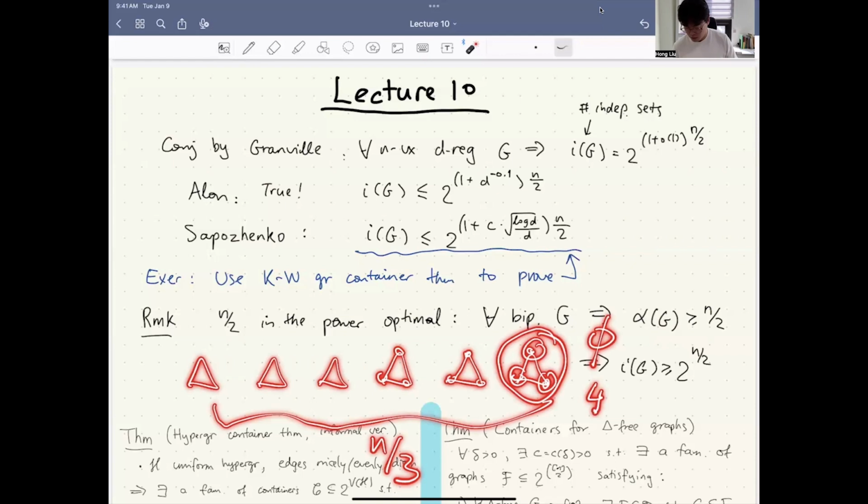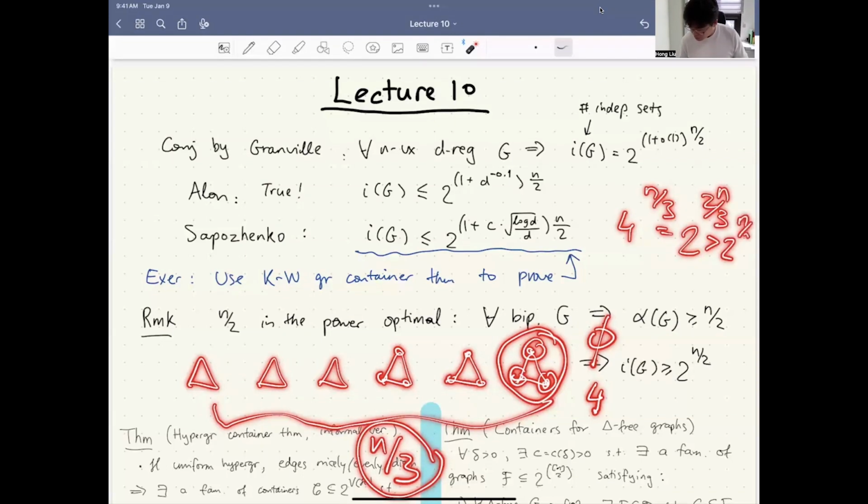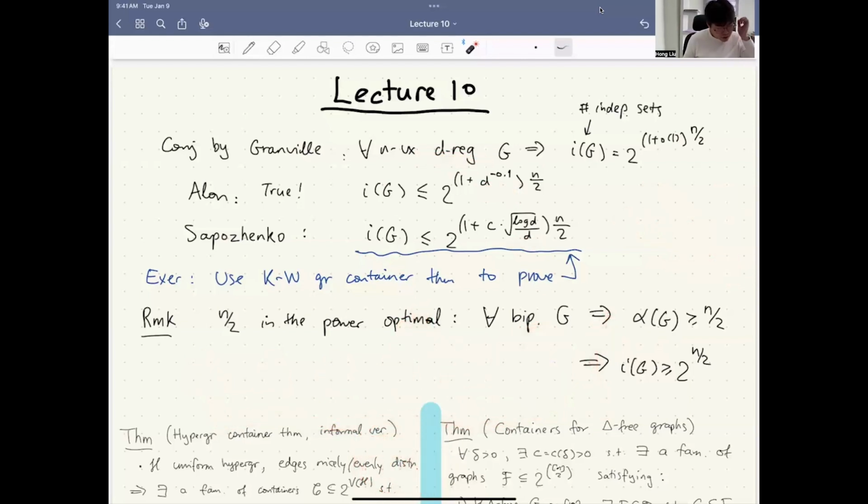So you have 4 to the n over 3, which is 2 to the 2n over 3, which is exponentially larger than 2 to the n over 2. But this graph is too regular, and the degree is very small. So probably D needs to be sufficiently large. That's correct.